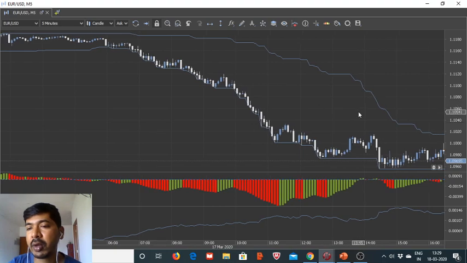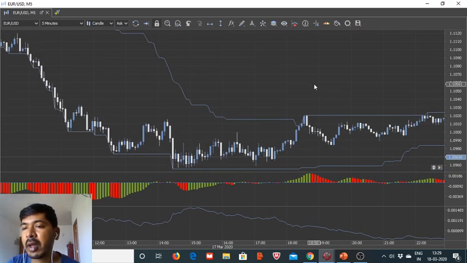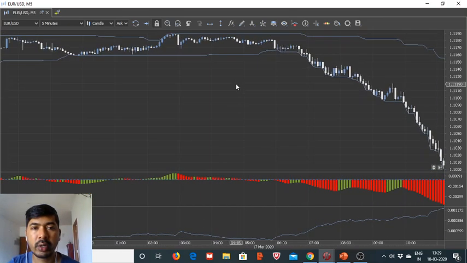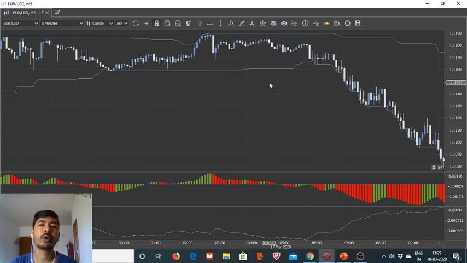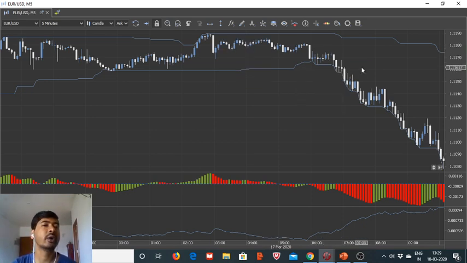And one more thing is that we want to make sure, as you can notice from here, that whenever the momentum has turned from bullish to bearish, during the entry condition we are going to put in a condition that the trade is supposed to execute only when the last candle closes.